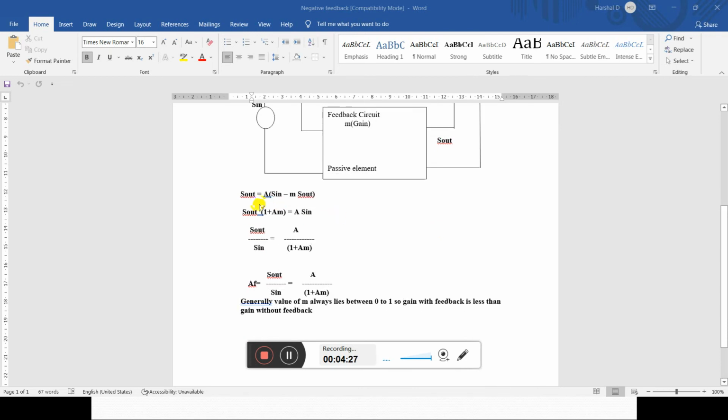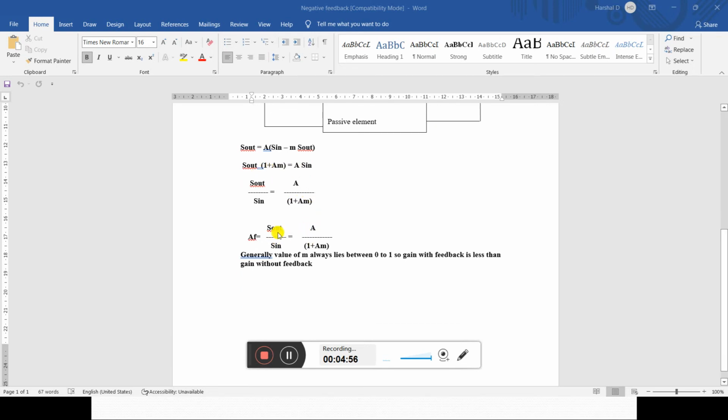Then we multiply this by A: S out equals A times S in minus A beta S out. Taking the terms together, S out times 1 plus A beta equals A times S in.